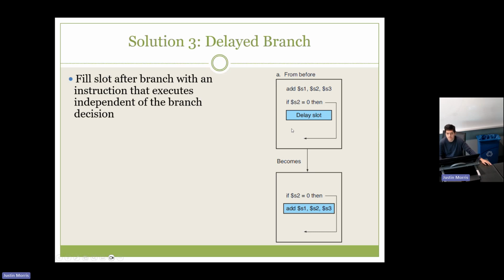Would that be done in software or hardware to find the delay slots? So it could be done in either. On the hardware side, it's one of the research presentations we covered, because one of the more advanced techniques in computer architecture is out of order execution.